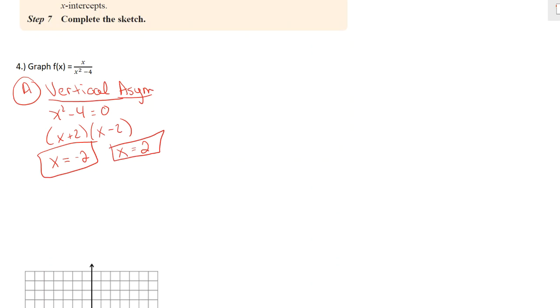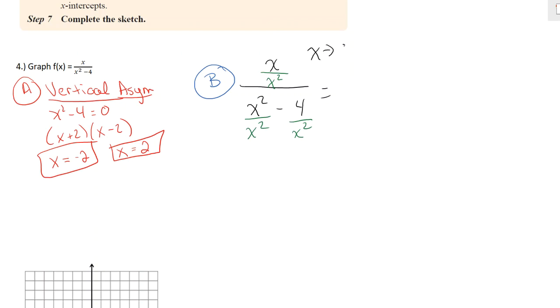Next thing we're going to do is see if there's any horizontal asymptotes. And we do that again by dividing every term of the function by the highest degree. And in this case, it's x squared. So this is over x squared, x squared, x squared. And we see how it approaches infinity.